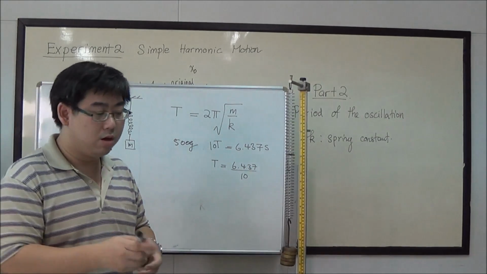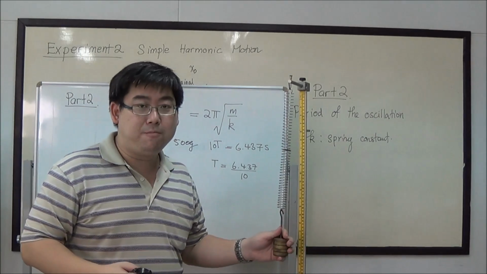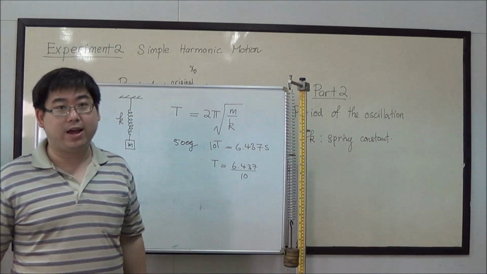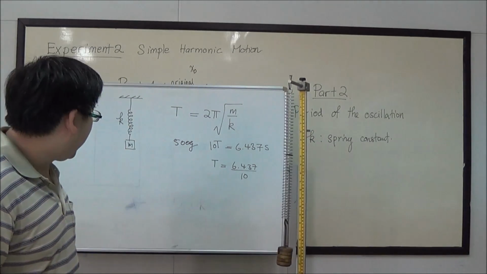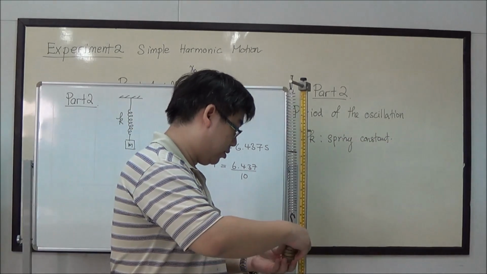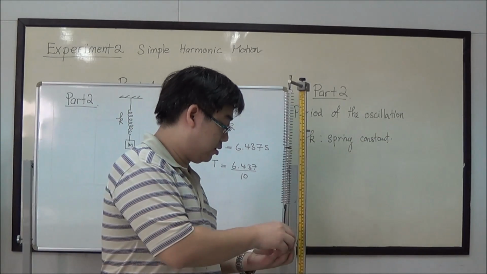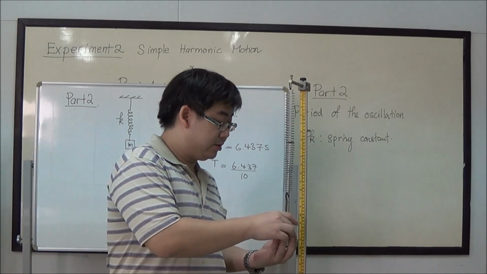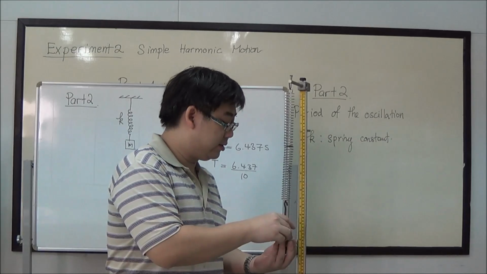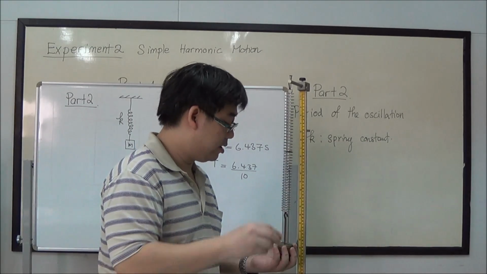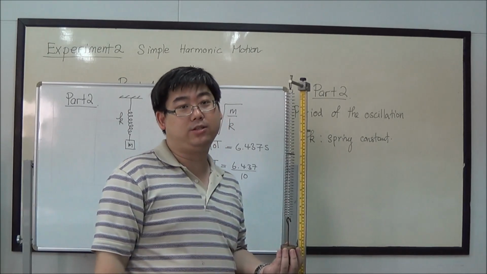For each set of mass, you have to do this 3 times and you find the average. So you do it for 1 mass, 2 masses, 3 masses, 4 masses, and you've got 5 masses on it.